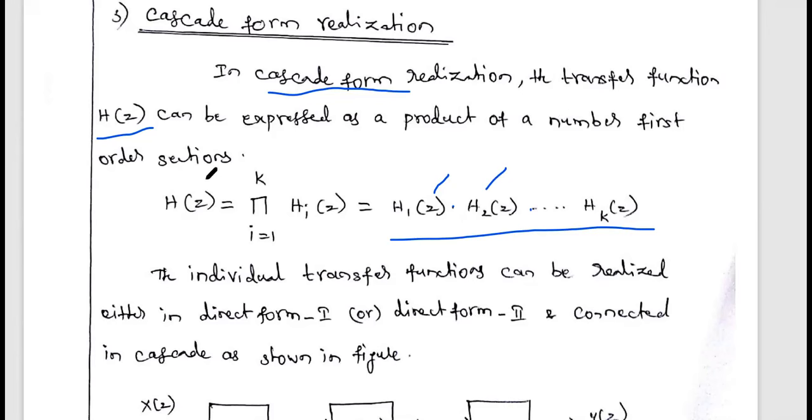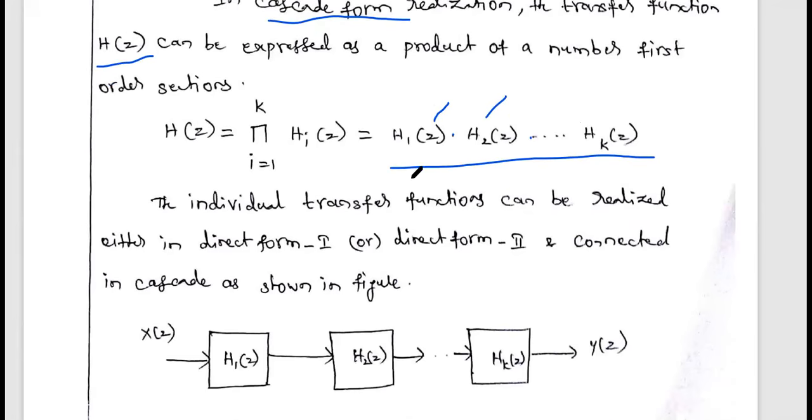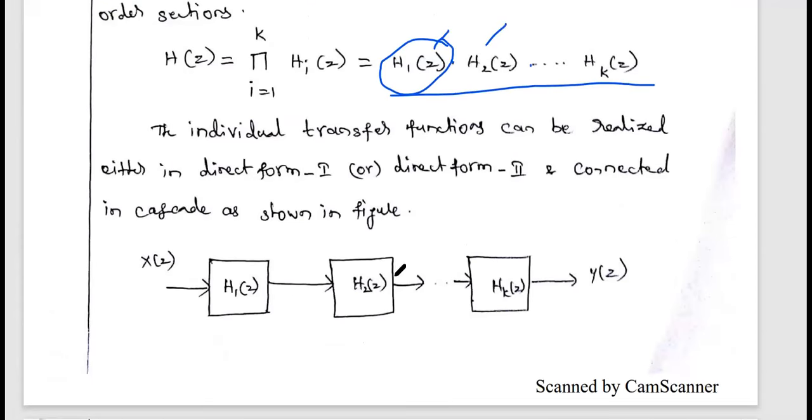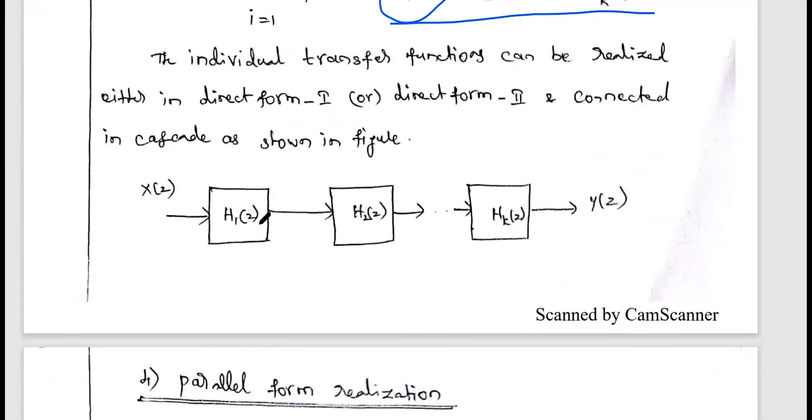So in cascade form, a 10th order system is split into the product of 10 single order systems. We realize each single order system separately in direct form 2. The H1 of z we realize in direct form 2, H2 of z we realize in direct form 2, etc. Finally, all the diagrams are connected in cascade. You see, this is the H1 of z diagram.